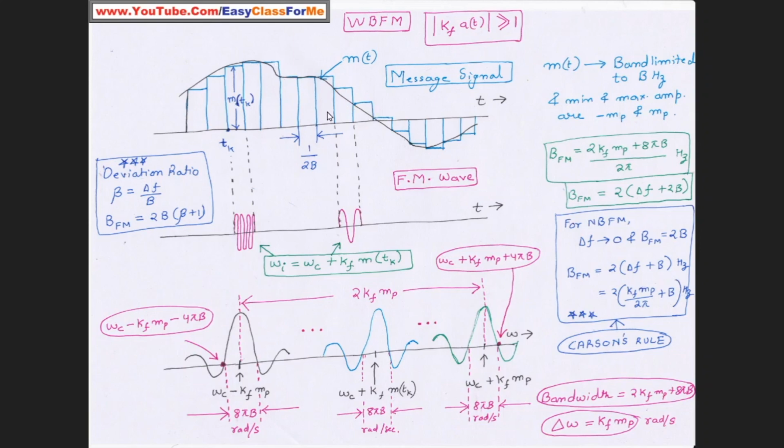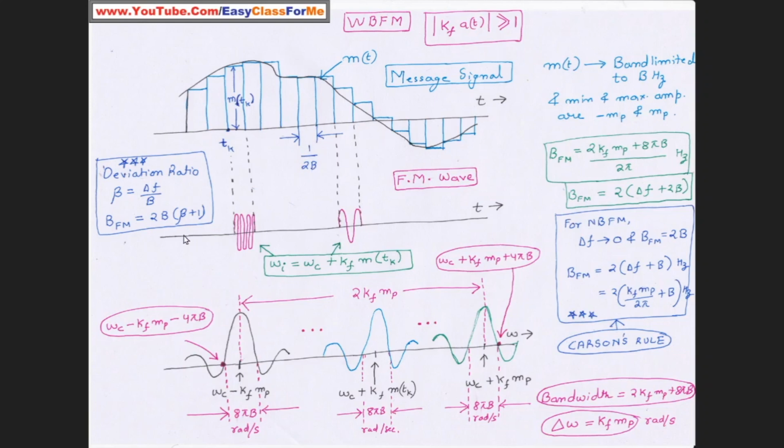And as per the sampling theorem, if we know that the message signal is band limited to B hertz and the minimum and maximum amplitudes are minus mp and mp, then the samples should be taken with the maximum distance between consecutive samples as 1 over 2B. This is what we know from the sampling theorem already. So the width has to be at max 1 over 2B. You can take any width which is smaller than this or even equal to this. So in this condition we have made this.